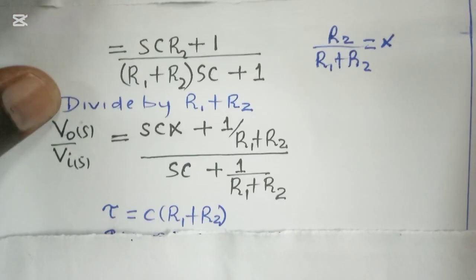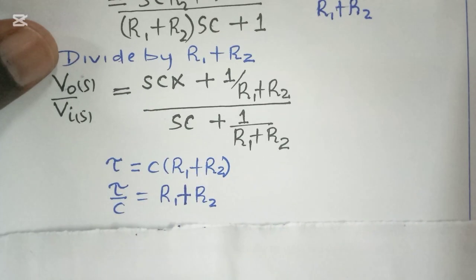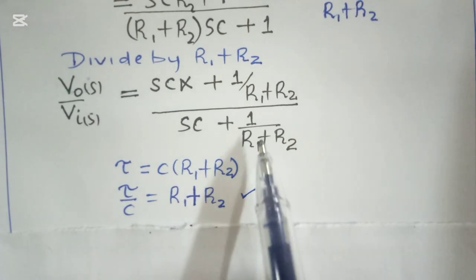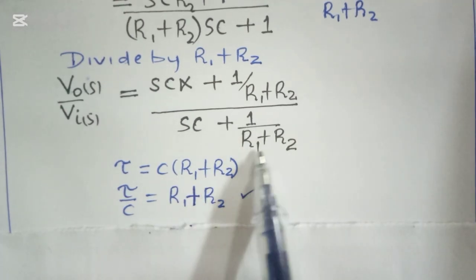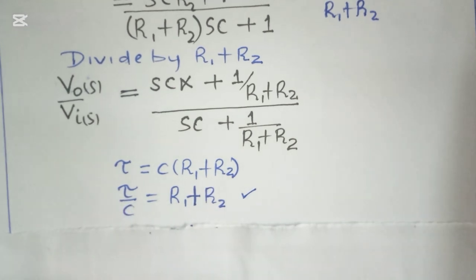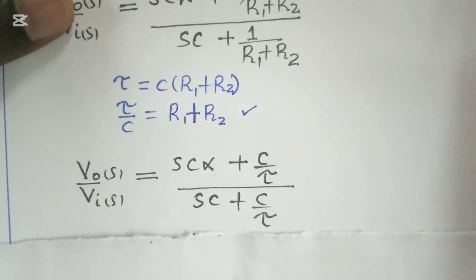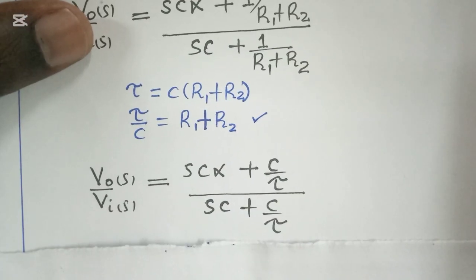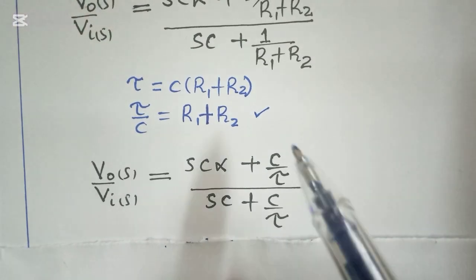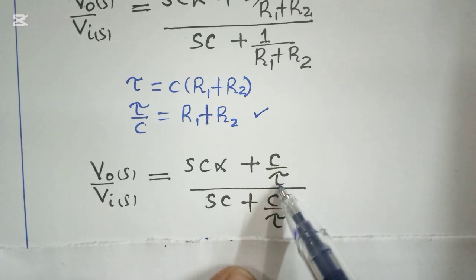From there, we can now use this other equation here. We are going to replace 1 over R1 plus R2 with tau over C, which is the capacitance. By replacing that, this is what we get. We will have been able to remove 1 over R1 plus R2 and replaced it with this, that is C over tau, the time constant.